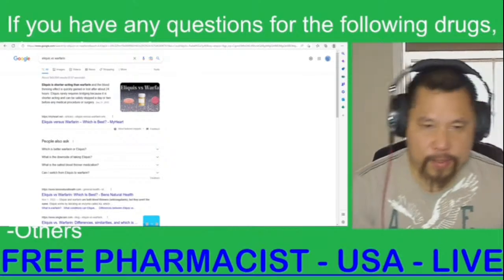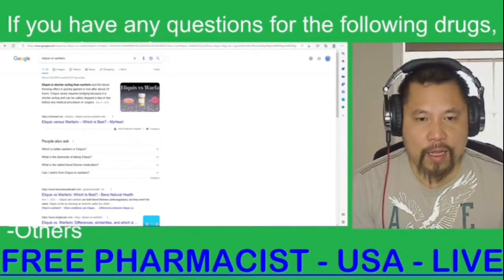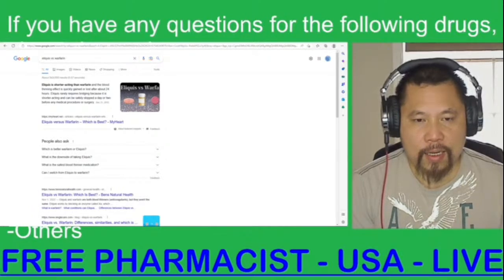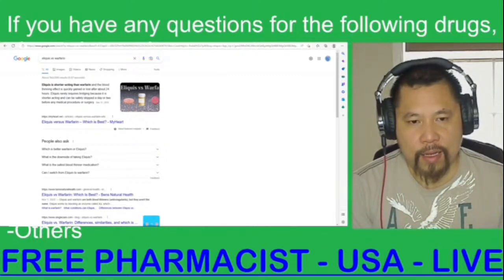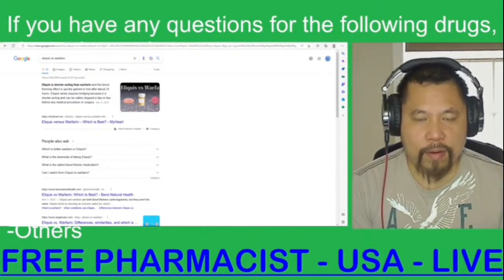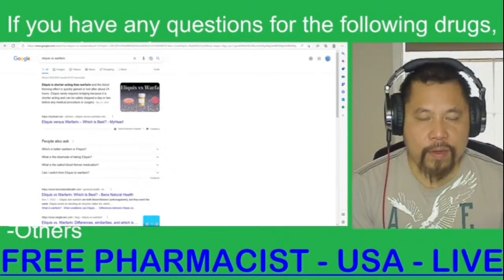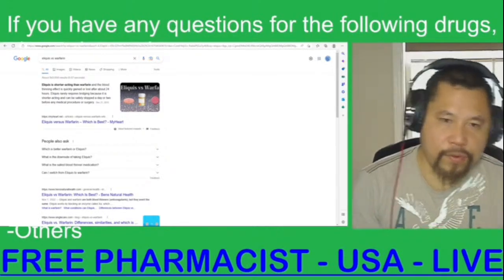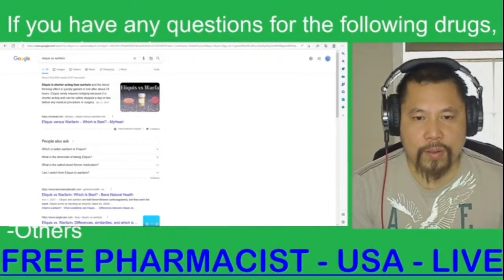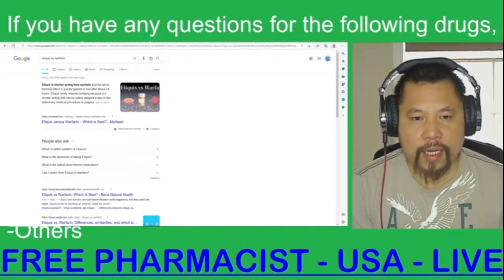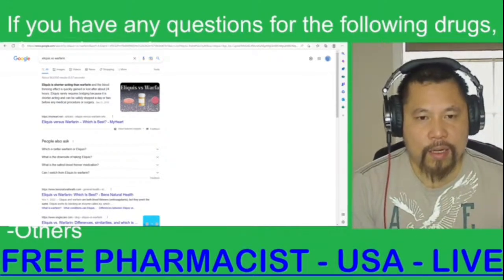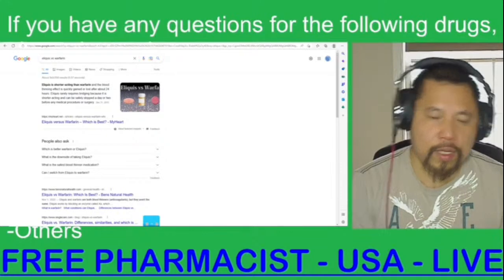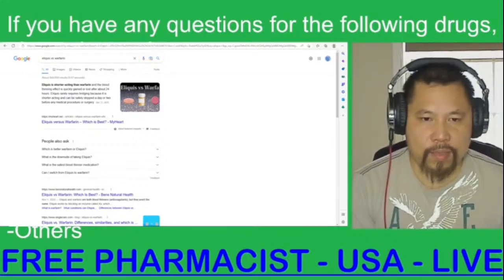For the side effect, somehow, for elderly patients, Eliquis may be better than warfarin because they are not confused with the dosage. If they take the Eliquis with the instructed dose, then they have no problem with bleeding.